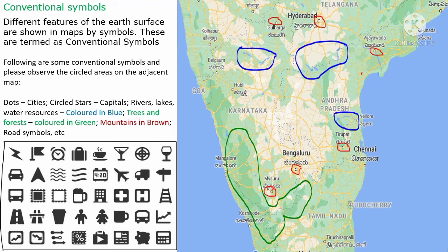And even in the map the letters have been circled with red, blue and green colors. Here the red dots indicate cities, the stars a capital, blue color rivers, lakes and water resources, the trees and forest areas green color, and the mountains brown color. And you can even see symbols here.